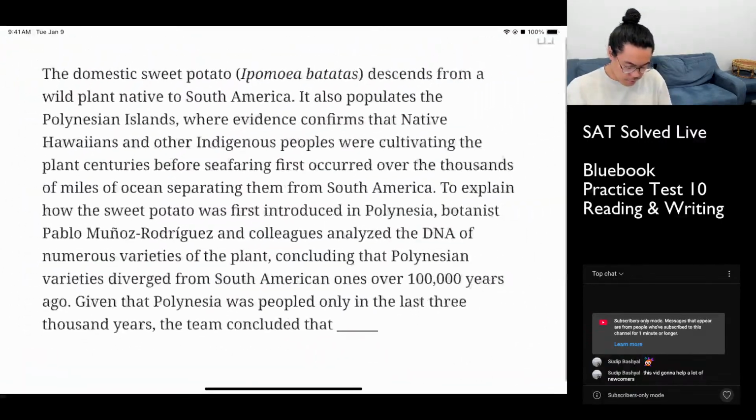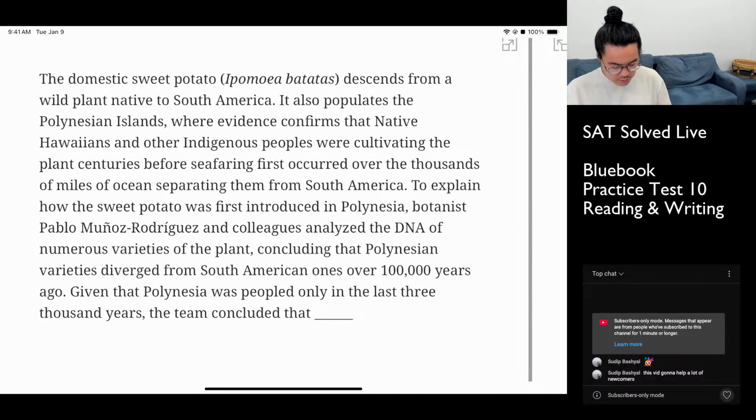14, here we go. The domestic sweet potato descends from a South American plant and is also in the Polynesian Islands. So from South America to Polynesia. And they were cultivating it hundreds of years before seafaring first occurred.